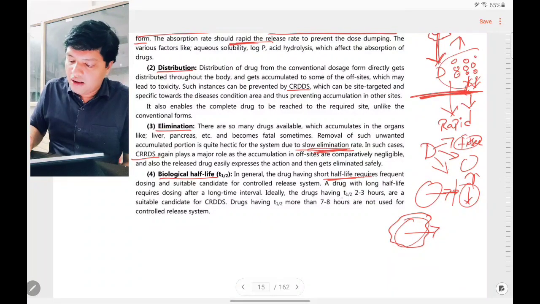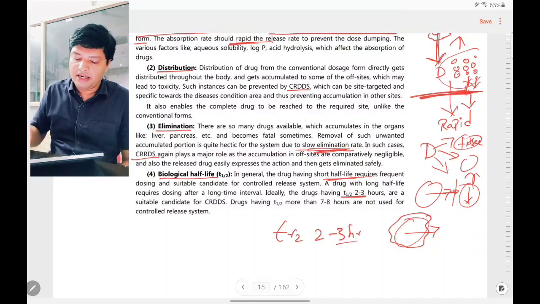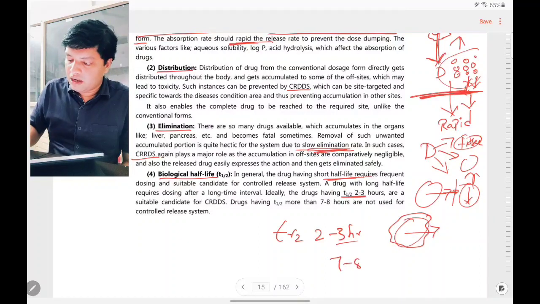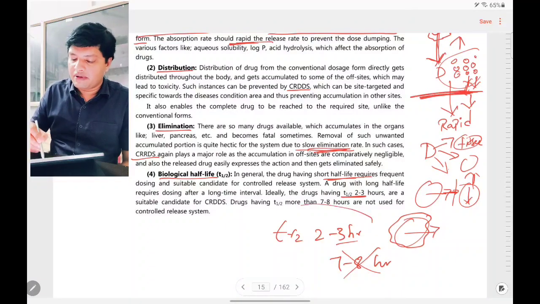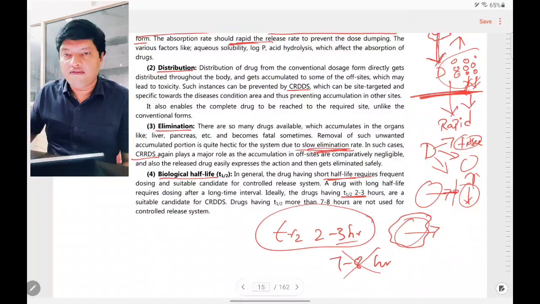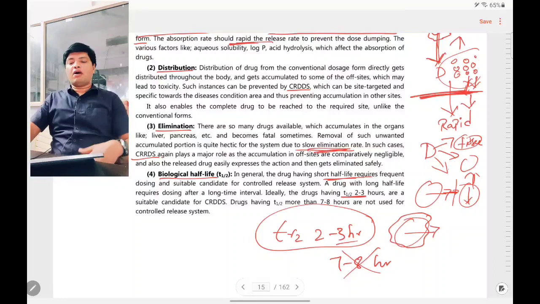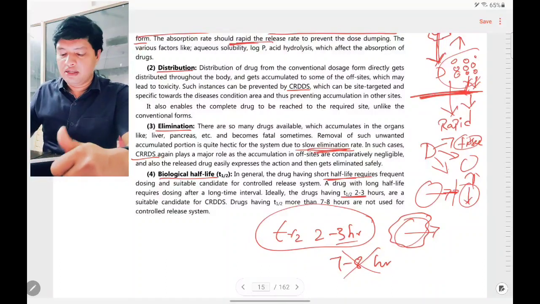Ideally we want 2 to 3 hours of half-life. So a half-life of 2 to 3 hours is recommended. If the drug has 7 to 8 hours of half-life, this is not recommended. A drug candidate with 2 to 3 hours of half-life is a good candidate to formulate in a controlled drug delivery system.